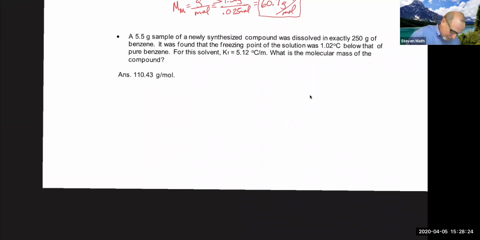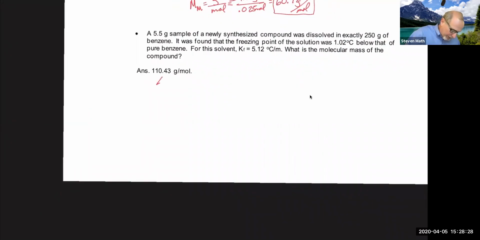So that is my delta TF. So delta TF is 1.02 degrees. That's equal to the KF right there, 5.12, times m, which is what we're looking for, and we're just going to have to assume i is 1.